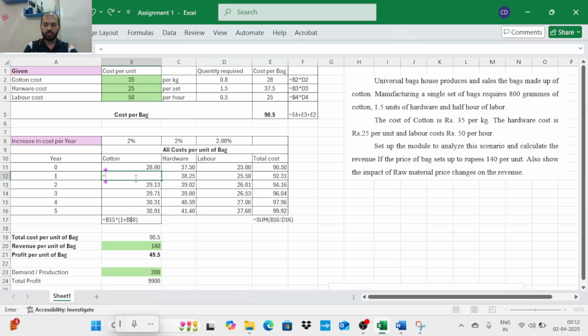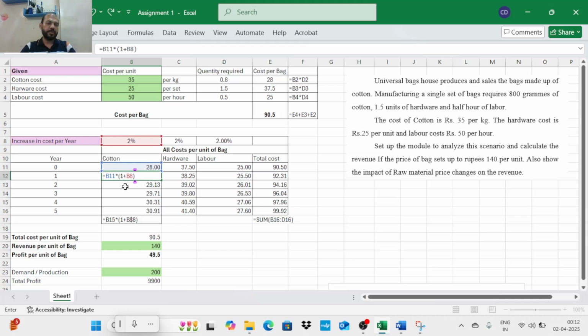Equals this cell, because this is the original price, multiplied with, we need to consider the percentage as well, in brackets 1 plus this cell.